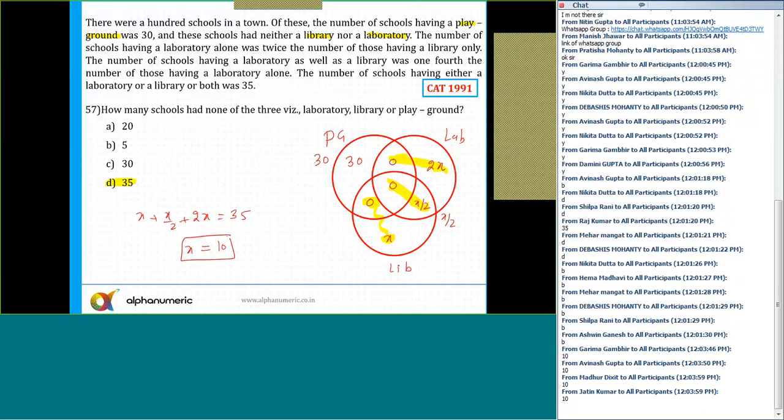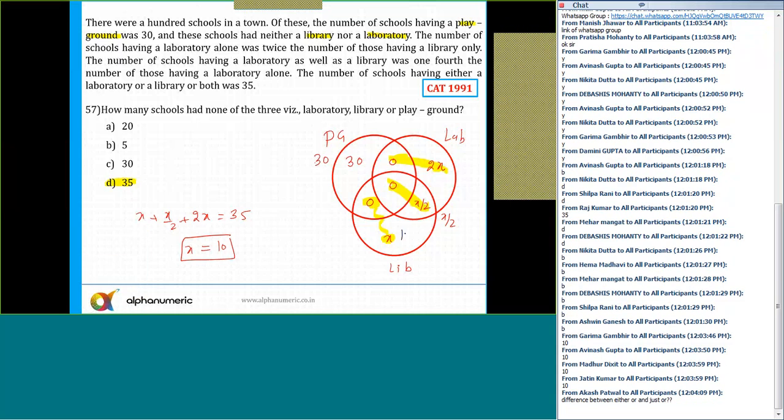So the question is, how many schools had none of the three? If x is equal to 10, we can substitute these values: 10, then 10 by 2 is 5, and 10 into 2 is 20. What is the union of playground, laboratory and library?